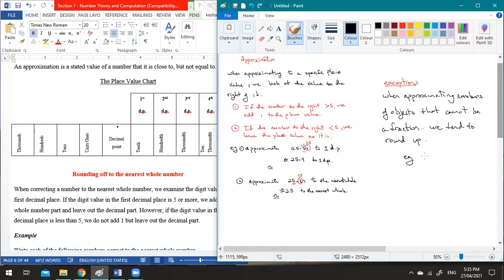Example, if we cannot have 2.3 people, so we approximate to 3 people.